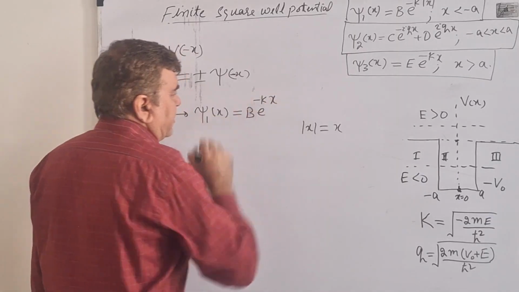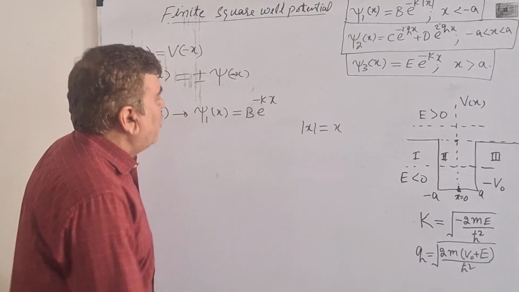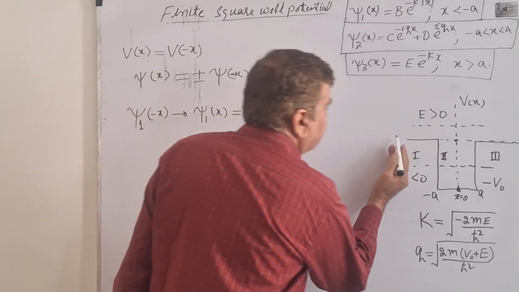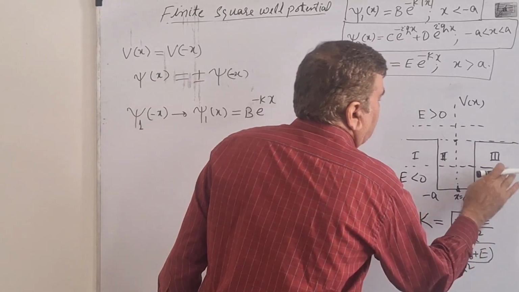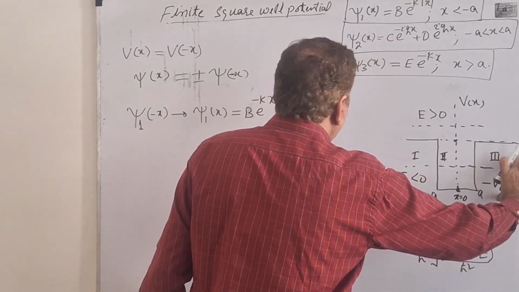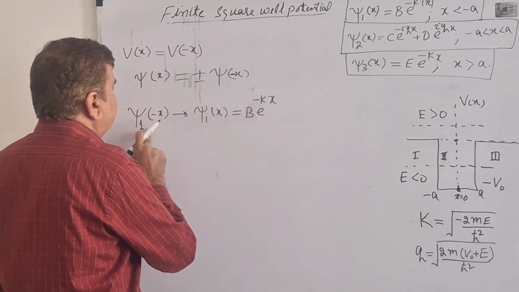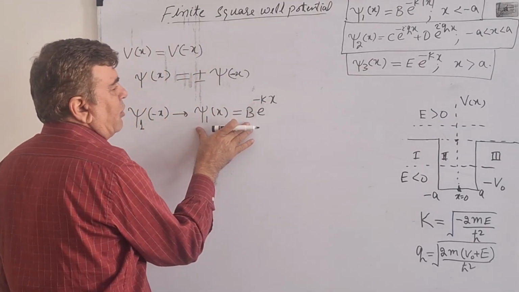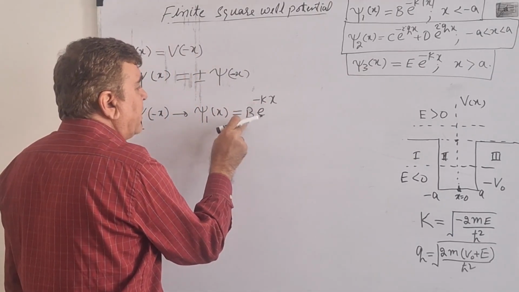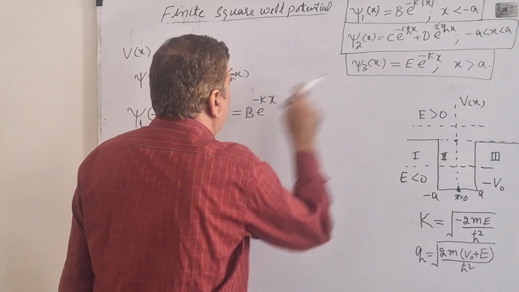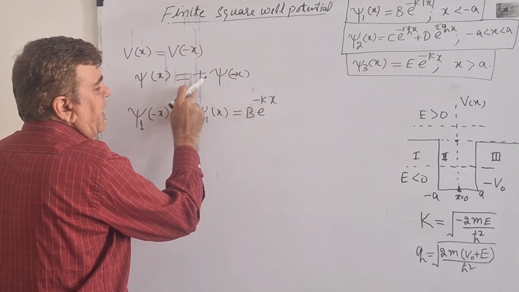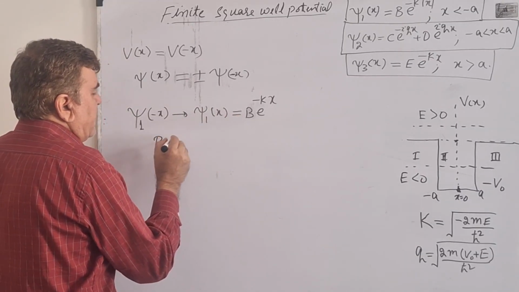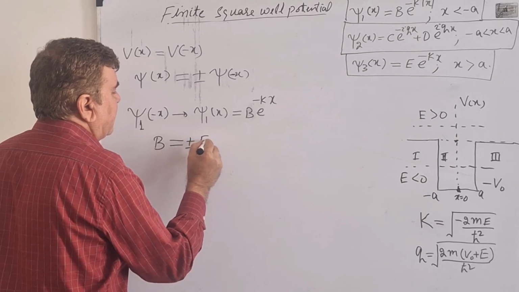So I'll put in x over here. But when I take a positive value of x, that means I'm shifting from this region to this region, because the values of x are positive in this region, and in that region this wave function should reduce to psi 3. But we see that it is not psi 3, and we can reduce this function to psi 3 provided the integration constant b equals plus minus e.